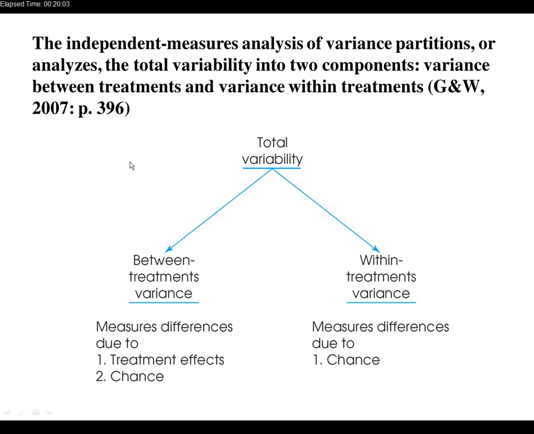Between treatments variance measures the difference due to treatment effects and chance, and within treatments variance, because remember the temperature was all the same in that first group, second group, and third group, measures differences due to chance. Both of those together give us the total variability.